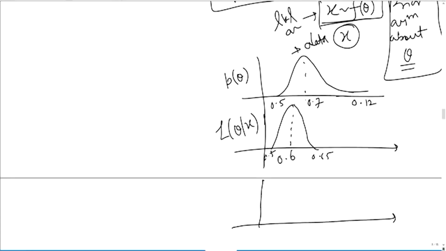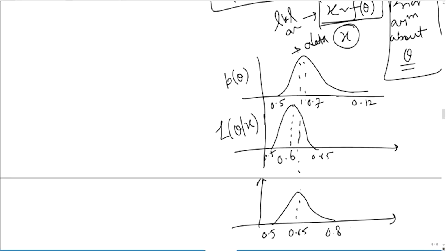Now, in this situation, your posterior would look something like this. The mean value of the posterior will be somewhere in between your prior and the likelihood, let's say 0.65, and the range could be 0.5 to, let's say, 0.8.